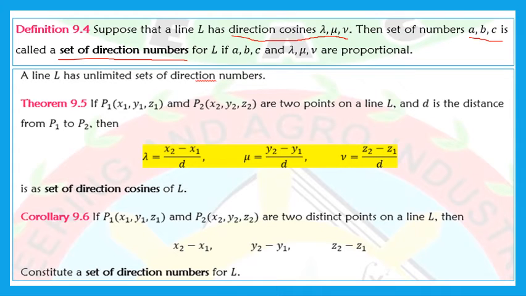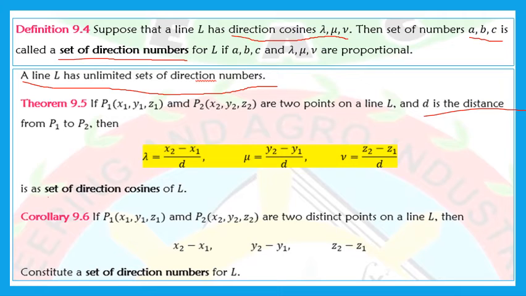Take note of this. Okay, so theorem 9.5: if point P sub 1 and point P sub 2 are two points on a line L, and D is the distance from P sub 1 to P sub 2, then lambda is equal to x sub 2 minus x sub 1 over D, and mu is y sub 2 minus y sub 1 over D, and nu is equal to z sub 2 minus z sub 1 over D, is a set of direction cosines.